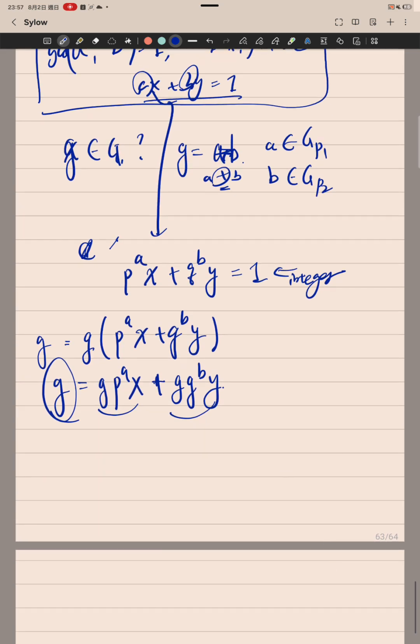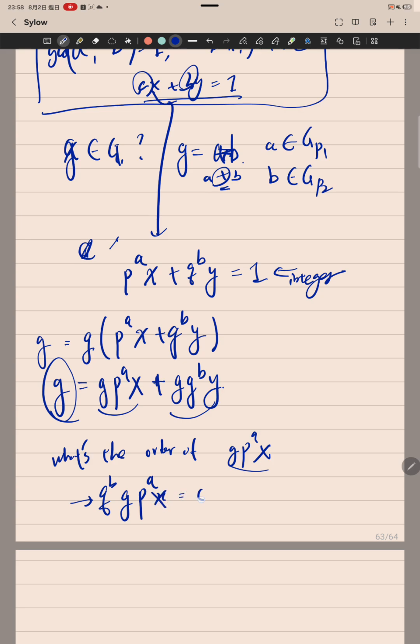So now each g is a sum of these two elements, right? So my question is, what's the order of P^A x g? Now I use addition notation. So if I multiply P^A x g by Q to the B, it becomes 0.